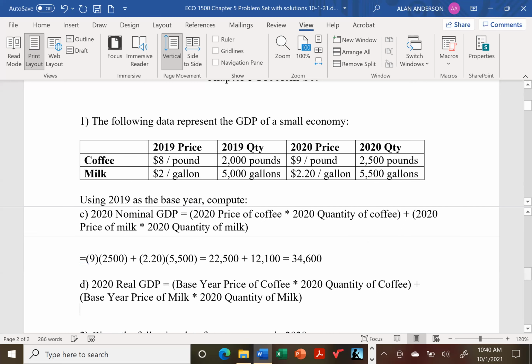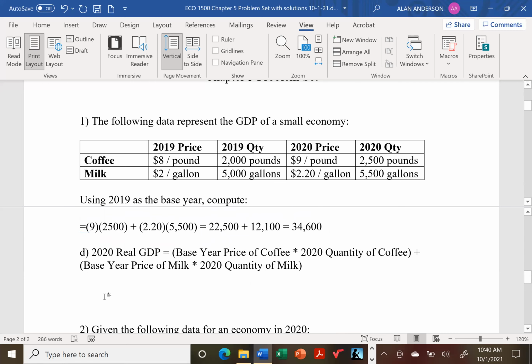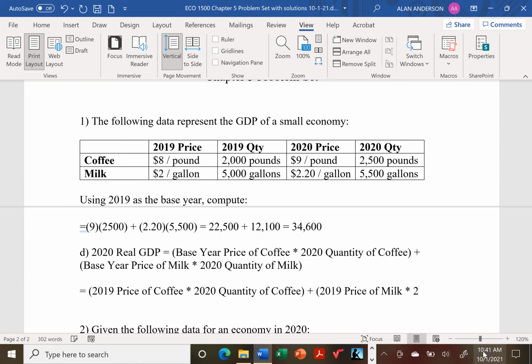What we're seeing here is correct, but because we were told that 2019 is the base year, we can now rewrite this as 2019 price of coffee times 2020 quantity of coffee, and this is the tricky part, plus 2019 price of milk times 2020 quantity of milk.